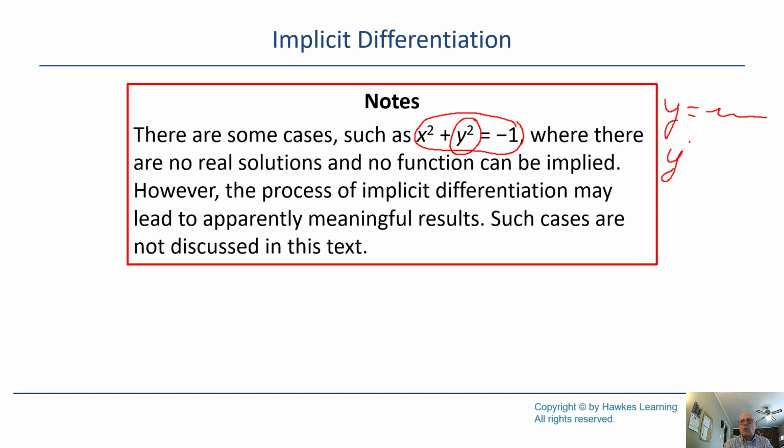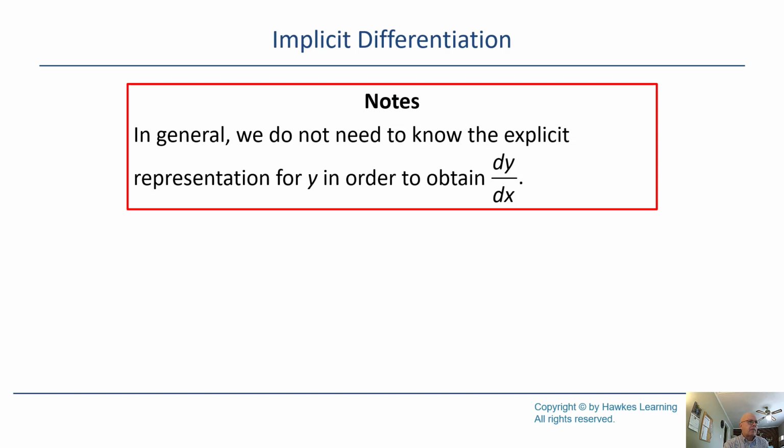Now we've got y squared. Even if we solve this for y, we'd have some difficulty. But implicit differentiation takes care of that. We don't need to know the explicit one. We can still find dy/dx. So that gives us a lot more power.